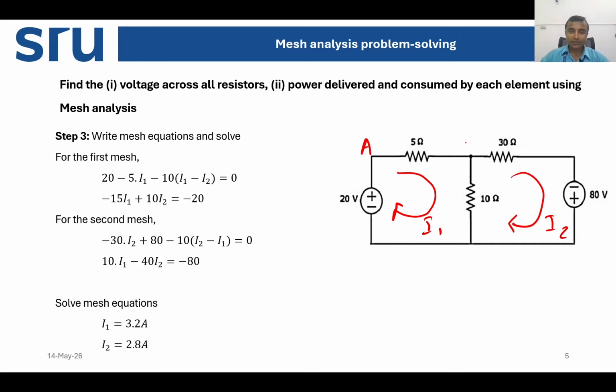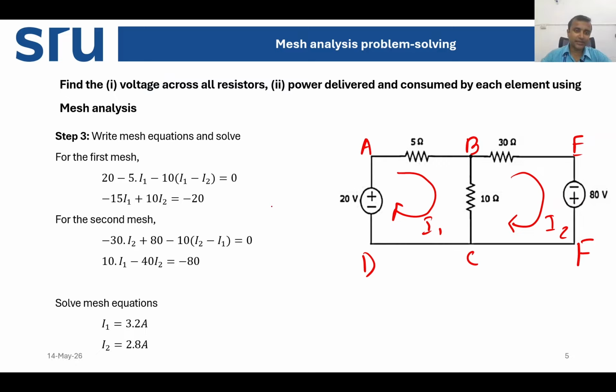Then this is A; we have named these A, B, C, D, and this is E, F. So now it is pretty simple in that sense that you can put the KVL. Here this is written in a different fashion, but you can always think in a different fashion.